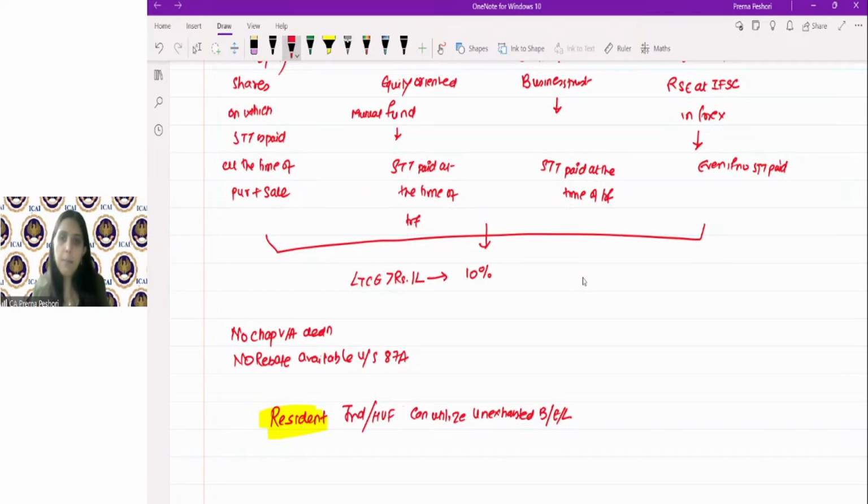Now let's say, for example, my other income is rupees 1 lakh. My long-term capital gain is, let's say, rupees 3 lakh. In that case, you have to tell me how much of my long-term capital gain will be taxable. I am a resident individual.